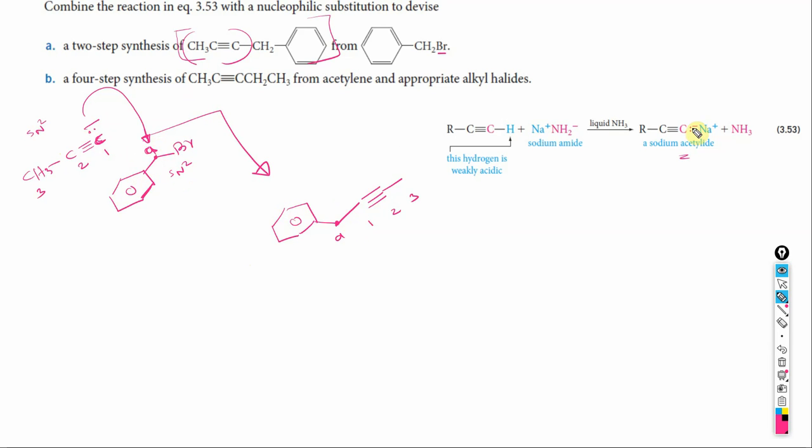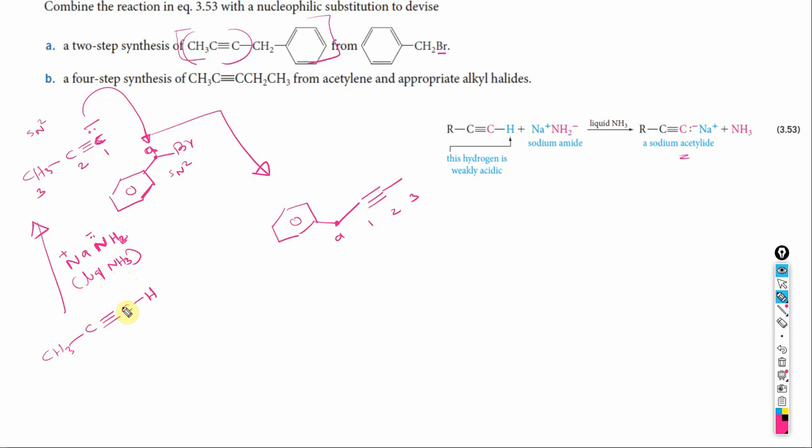As far as using equation 3.53 is concerned, you will make this acetylide by reacting propyne with sodamide, NaNH2, Na plus NH2 minus. This is a really strong base, and often it's done in liquid ammonia because you cannot have an extremely strong base like sodamide in a solvent like water or even alcohol.